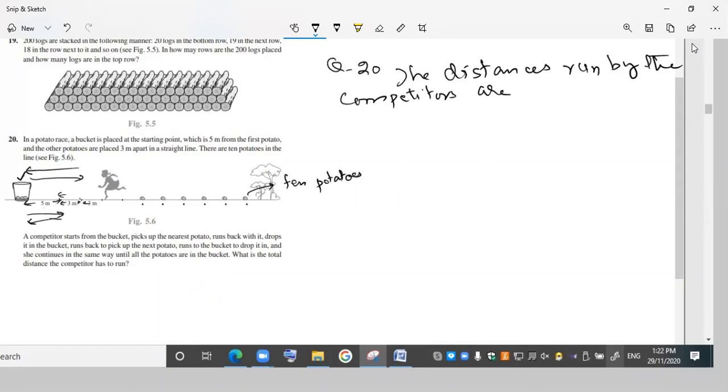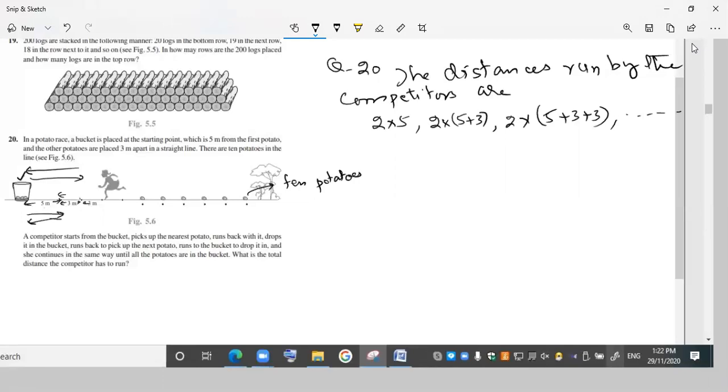First time he has to run 5 meters, to and fro, so 2 times 5 meters, all in meters. Then the second time it will become 2 into 5 plus 3. Every time 3 meters more she has to run. 5 plus 3, and then 2 into 5 plus 3 plus 3. Every time 3 meters is added, going and coming, that's why I multiply by 2. So like this, the series will become like this.